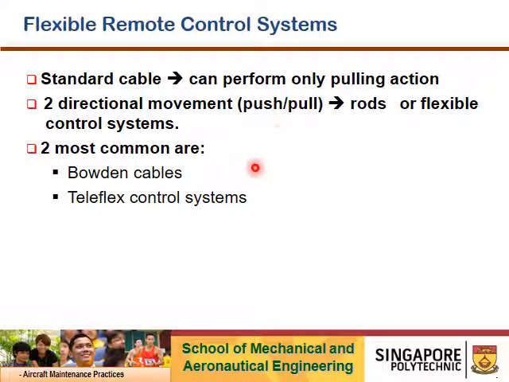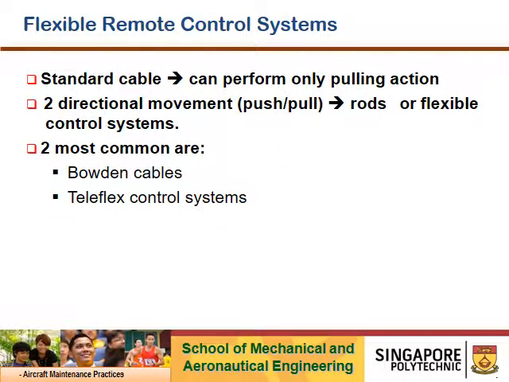So Bowden cables and Teleflex cable systems act like a rod. A push-pull rod you can push and pull, transmitting two forces. A cable has only one, pulling. You can't push. But in this case, Bowden cable and Teleflex can.